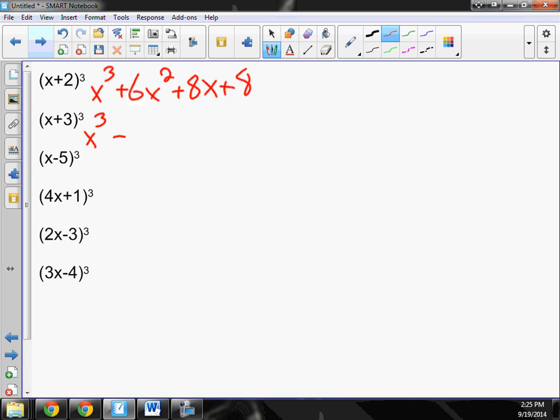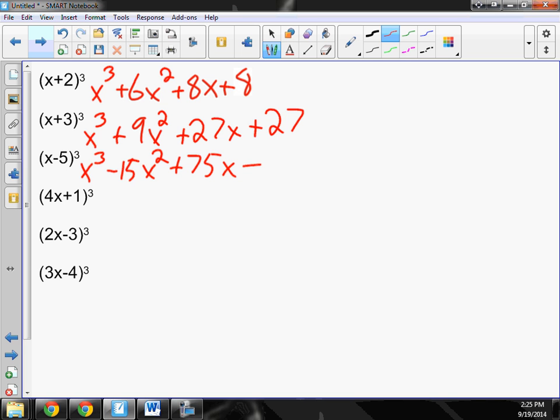X to the third plus, it should be 9, right? Okay, so the next one, x to the third. Okay, so let's stop there and look at the pattern.